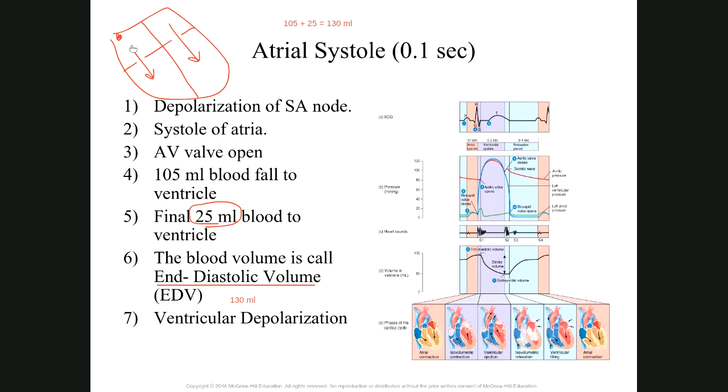Then the auricles go to contraction and 25 milliliters come down to the right ventricle and 25 come down to the left ventricle. This amount of blood is called EDV, end diastolic volume. And this time your atria go to contraction completely and your ventricle is relaxed. Because of that, we call it end diastolic volume. And then our ventricle goes to depolarization.